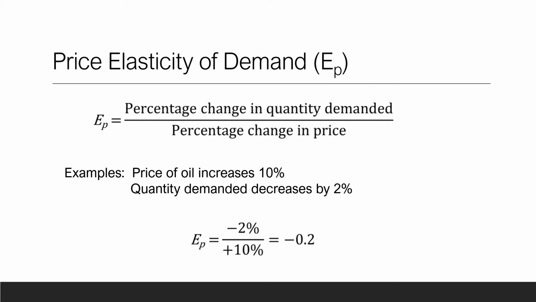So again, if the price of oil increased by 10%, notice the 10% at the bottom, and then quantity demanded decreases by 2%, notice the negative 2 at the top. So that's negative 2 divided by 10, which would be negative 0.2. So the elasticity of demand would be negative 0.2.